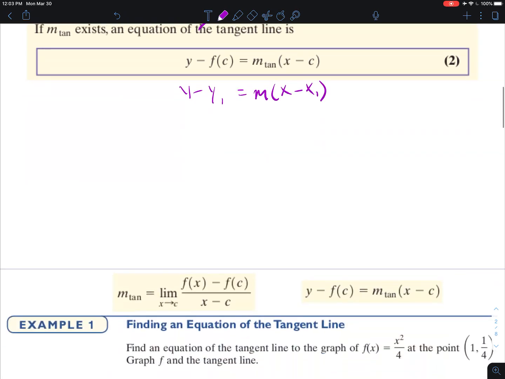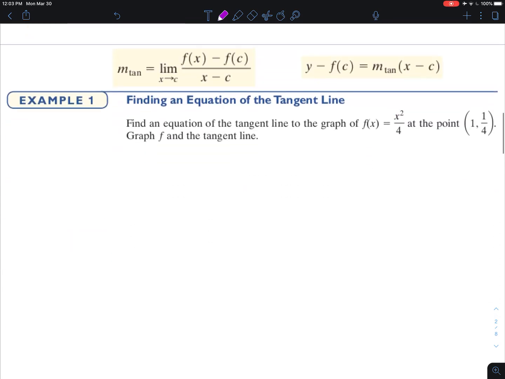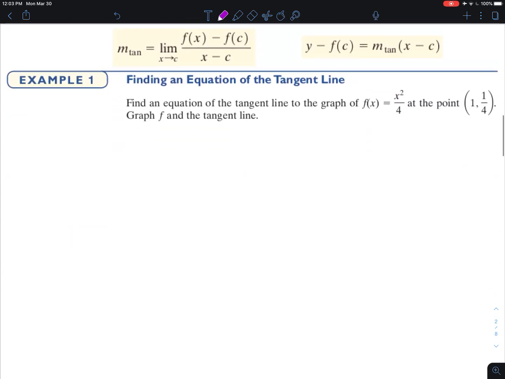So let's take a look at an example here. We have our equations up at the top here, but we want to find the equation of the tangent line to the graph, or the equation of the line that is tangent, to the graph of f of x equals x squared over 4 at this point.